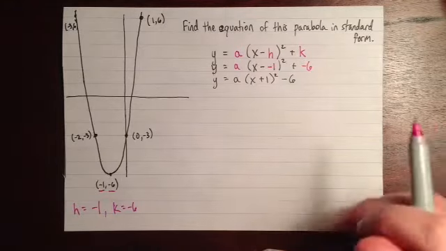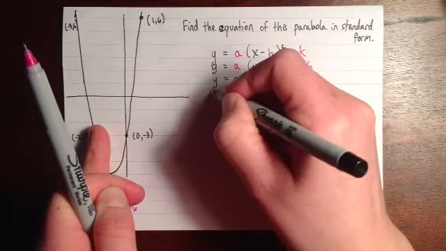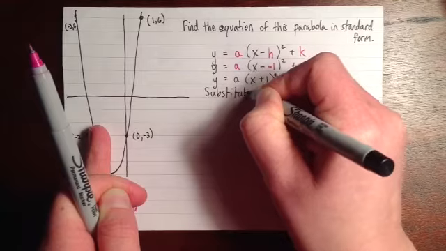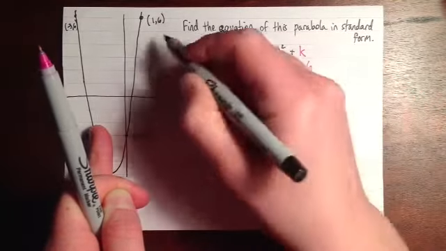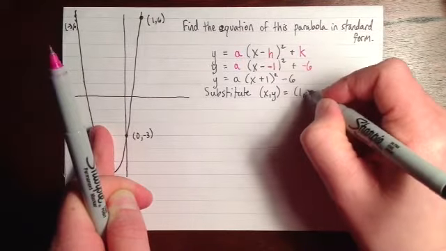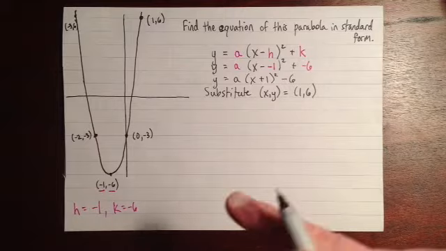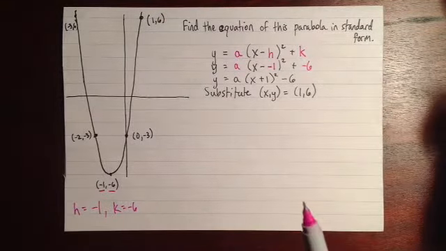I'll choose this one up here, just because it's all positive numbers. I'm going to substitute for the x, y values, using this 1 and 6. You should write that down, so we know where these new numbers come from.